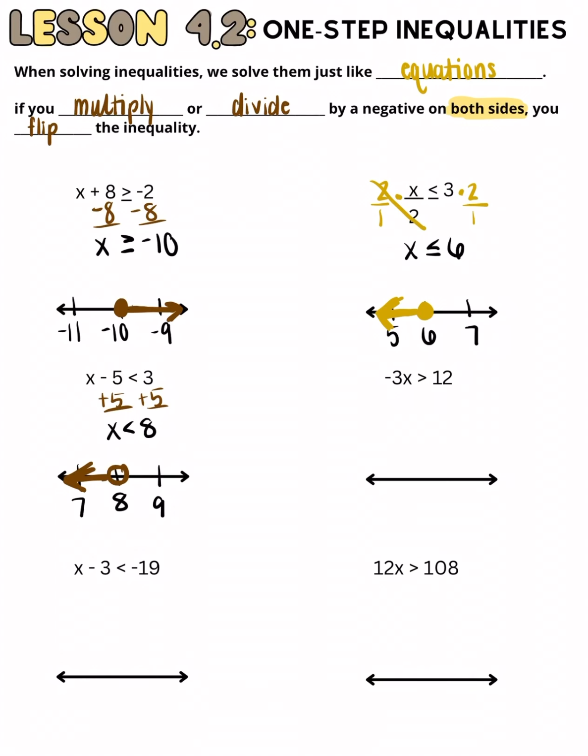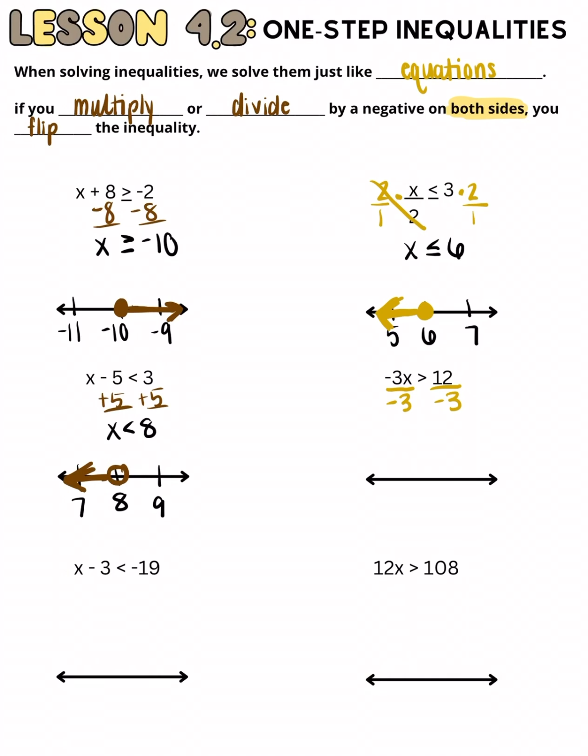Now let's look at this next one. We have negative 3x is greater than 12. This is where you have to pay attention. What's happening with x? It's being multiplied by negative 3, so we're going to divide by negative 3. And if you notice, we're dividing by a negative on both sides. When that happens, we flip the inequality.